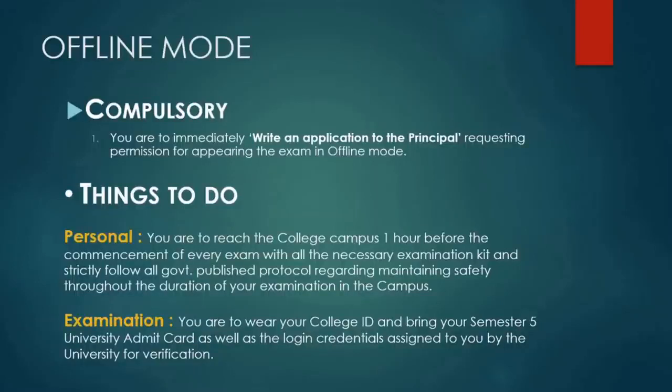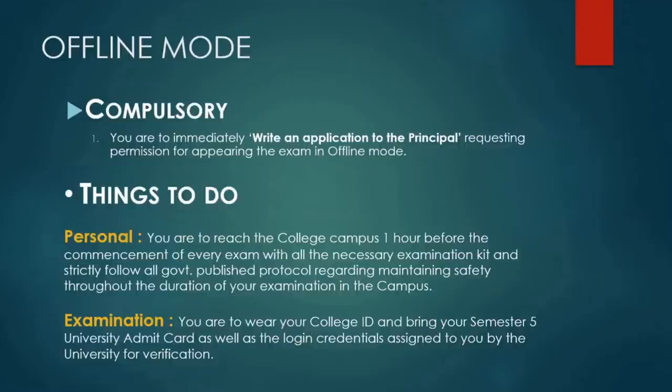Once you have received written permission from the principal for appearing in the exam in offline mode, then there are a few things for you to do and remember. Firstly, on the personal front, you are to reach the college campus 1 hour before the commencement of every exam, which means if the exam begins at 9, you have to reach by 8.